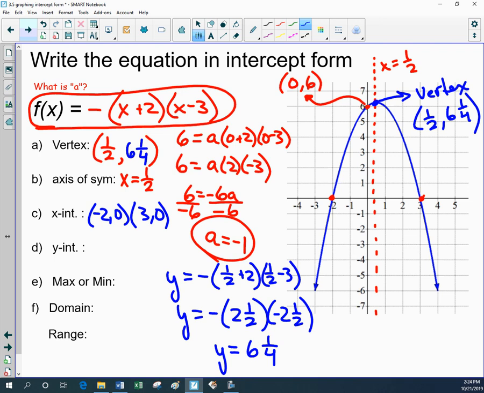The y-intercept, that was the point that we used to find a, so 0, 6. The vertex is a maximum, domain, all real numbers, and the range is negative infinity. So it's going to go from negative infinity to positive 6 and 1/4.